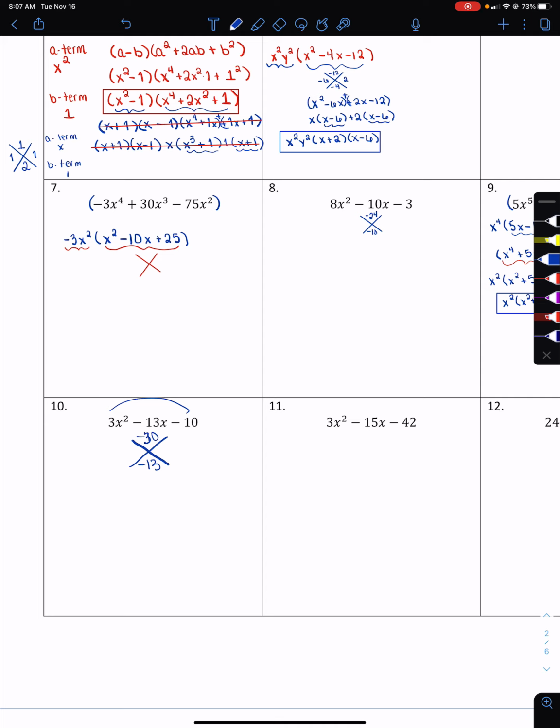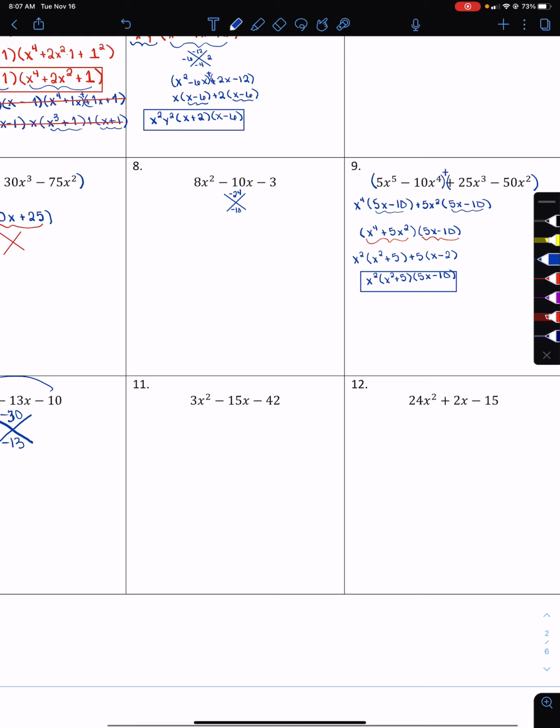Okay. All right, looking at number 11, first off, is there anything we can factor out? Yes, they can all be divided by 3. So then we're left with x squared minus 5x minus 16.